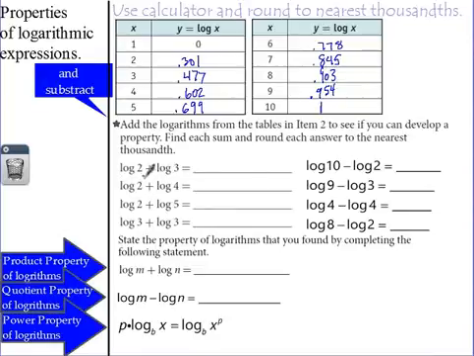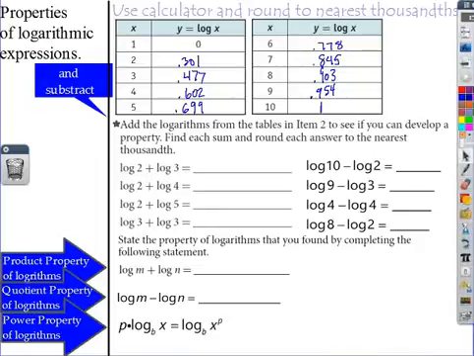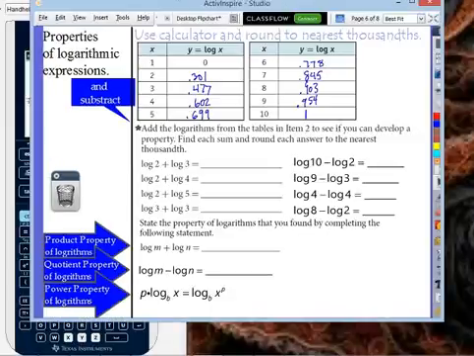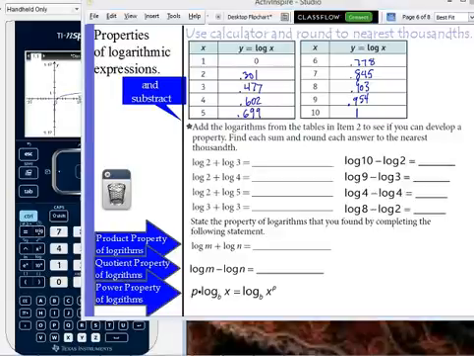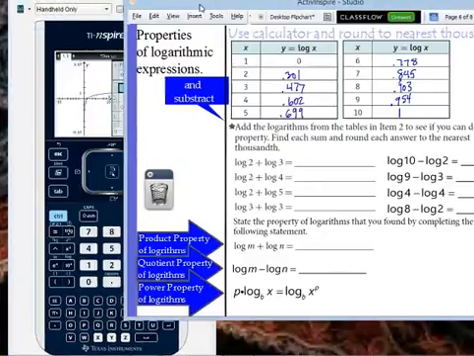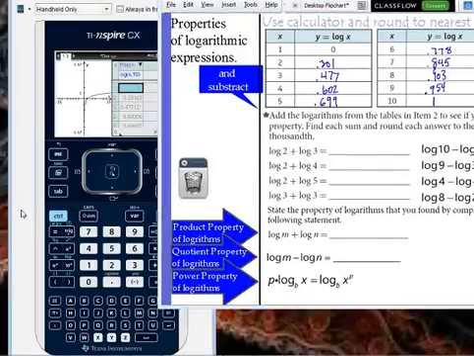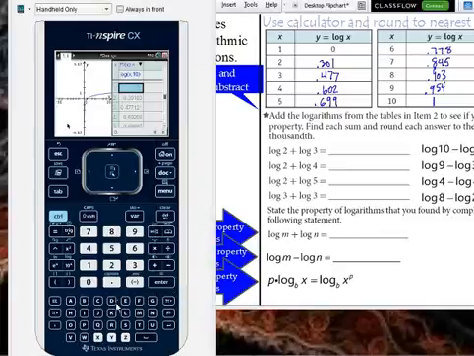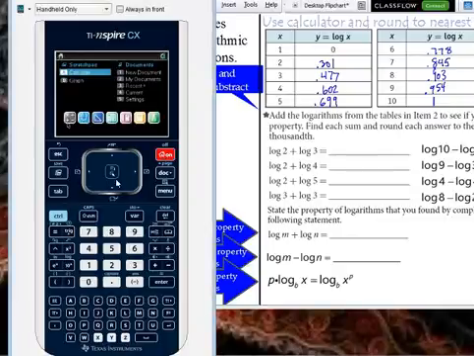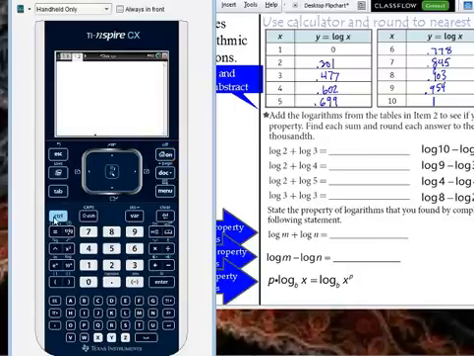Okay. So if I was to type in the log of 2 plus the log of 3 in a calculator, I do want to do this on the calculator. So log of 2 plus log of 3.